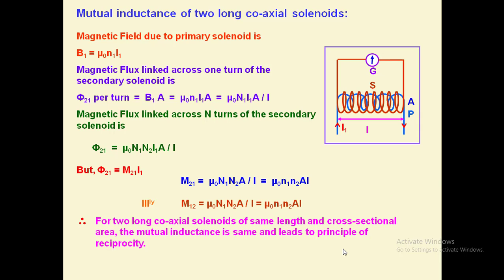That means if you pass current through the secondary coil, you can induce EMF in the primary coil, just like how, when current passes through the primary coil, we induce EMF in the secondary coil. So M is equal to M12 is equal to M21.